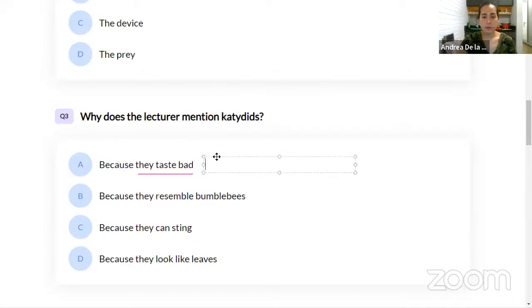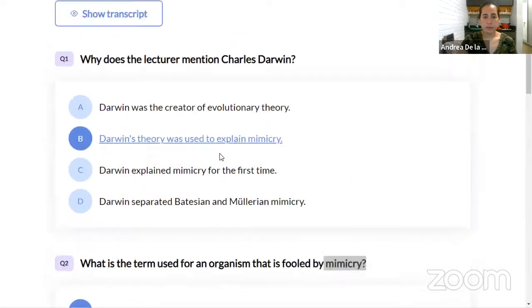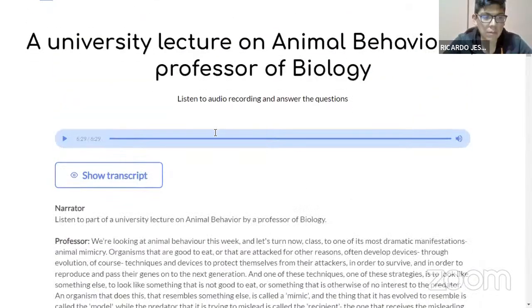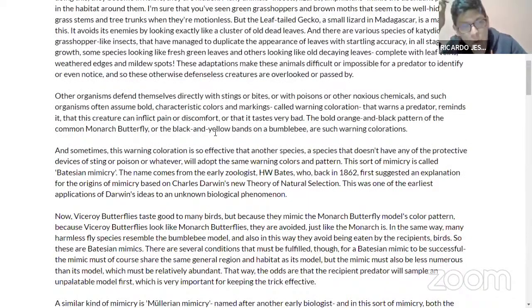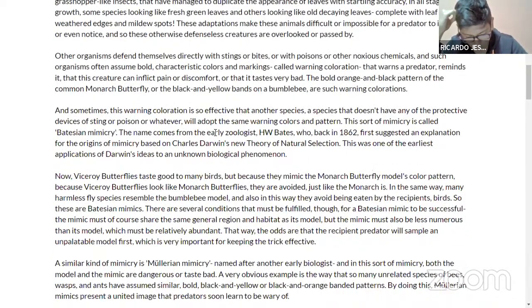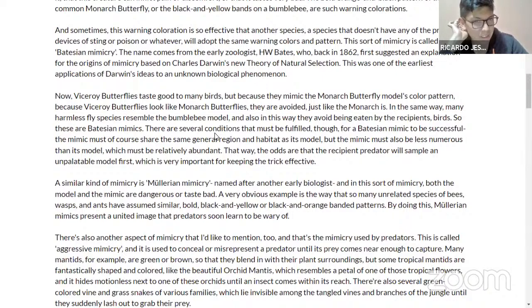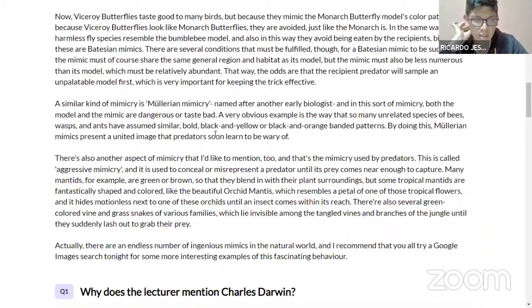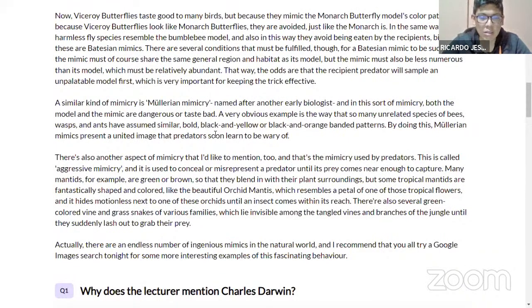Does anyone remember? Because they taste bad. What type of mimicry is that? I think it's the one that came before Batesian mimicry, so camouflage. I think.